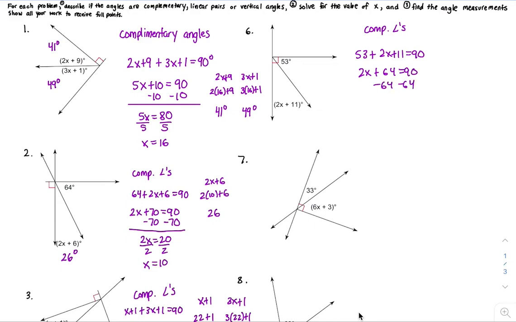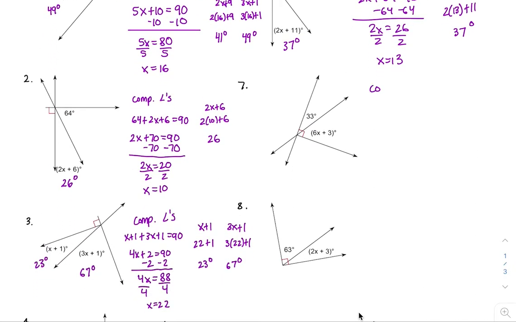Subtract both sides by 64, and 2x is equal to 26. Divide both by 2, x is equal to 13. Now we plug that in to our angle to find the angle measurement. So we get 2x plus 11, plug in 13, and we get 26 plus 11, and that's going to give us 37. So this is 37 degrees.